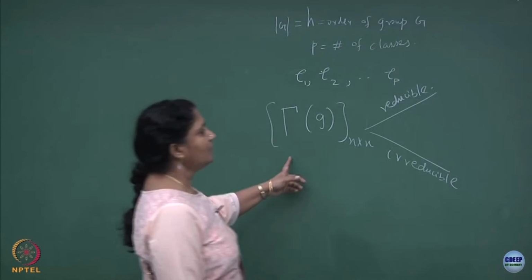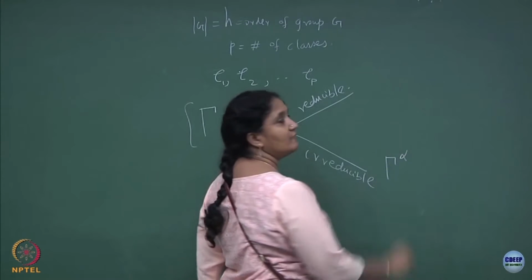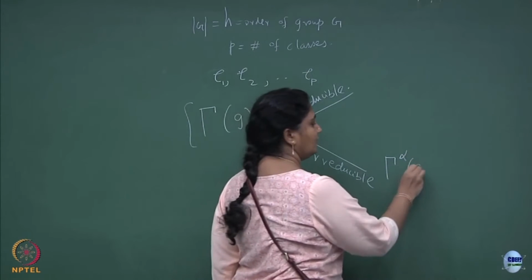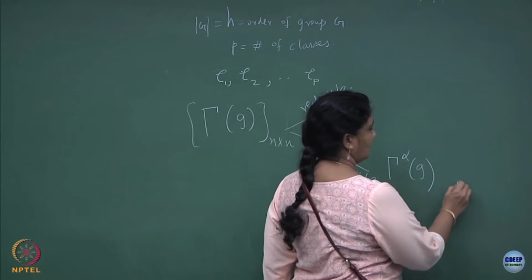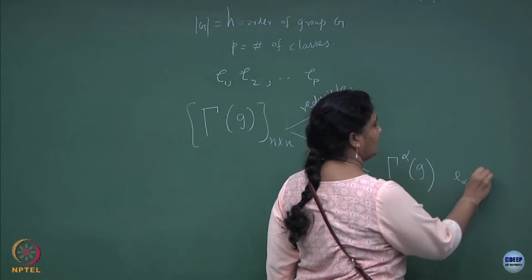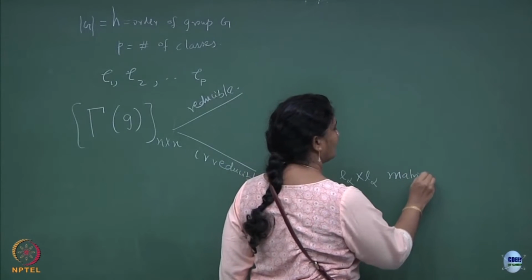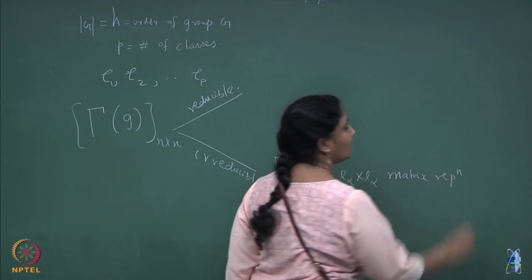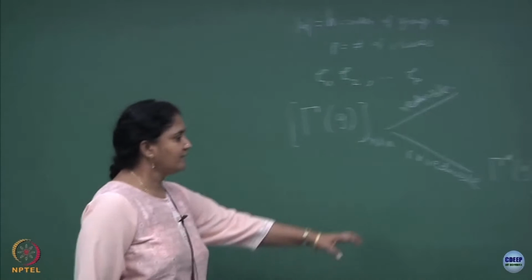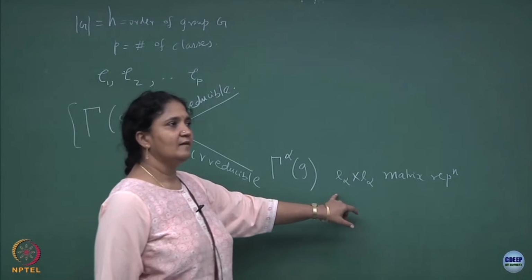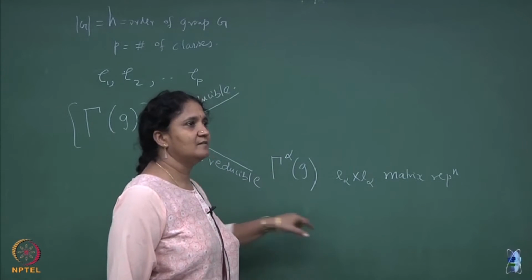Reducible in general, irreducible we are going to denote by gamma alpha of G, and these are L alpha cross L alpha matrix representations. I am just using the shorthand notation that the matrices will have dimensions L alpha by L alpha, number of rows and columns will be L alpha and L alpha, that is the meaning of this.